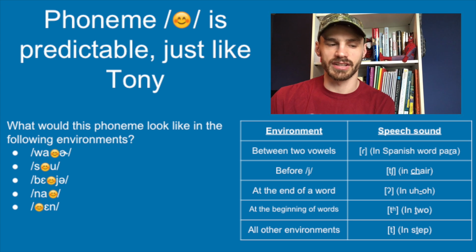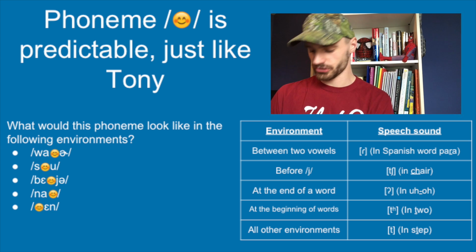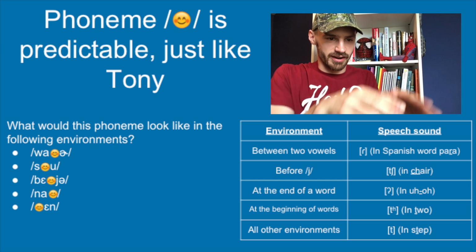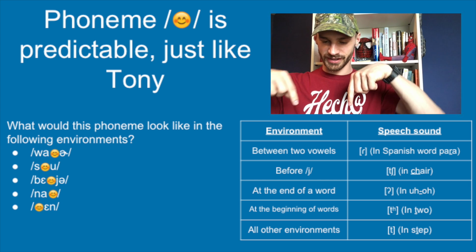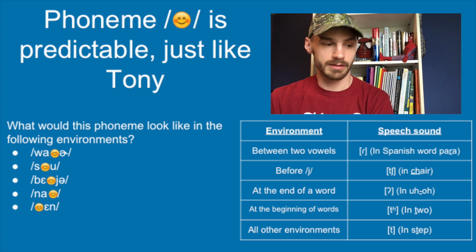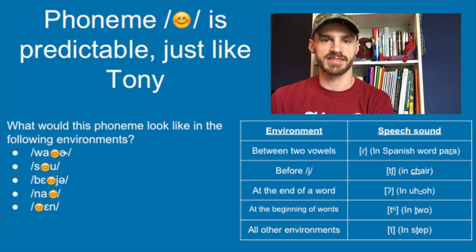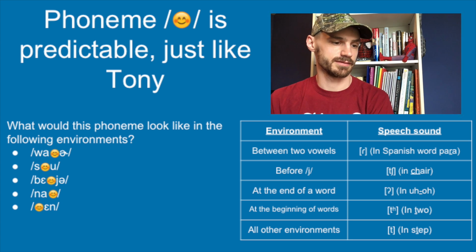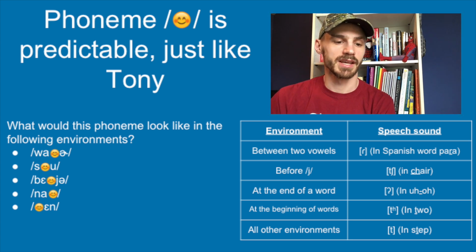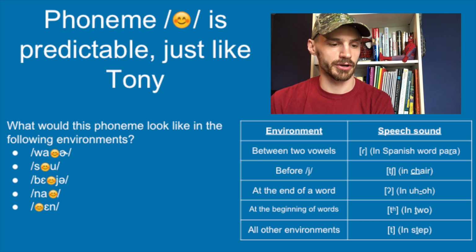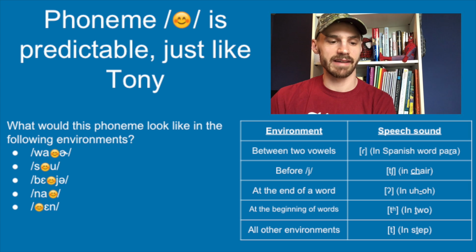So what's this going to look like in this environment? Well, we're going to look at our environment chart below me. I'm actually looking at this environment chart over here on my laptop, but you guys look at the one below me. So does it take place between two vowels? Well, no, because it's preceded by an s sound. Does it take place before a y? No, it takes place before an u sound. Does it take place at the end of the word? No, it takes place before an u. Does it take place at the beginning of the word?